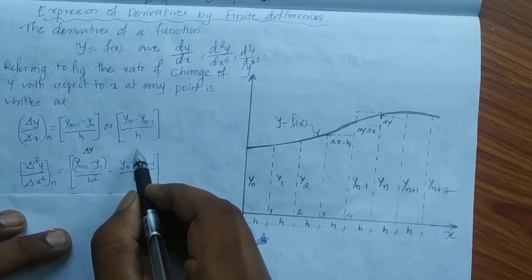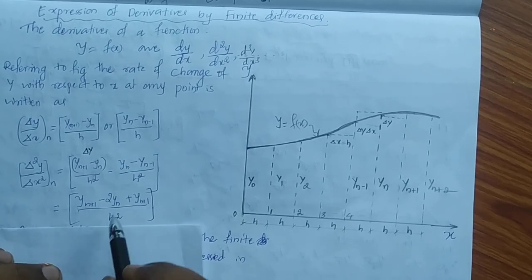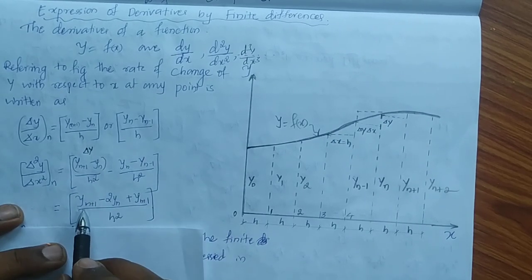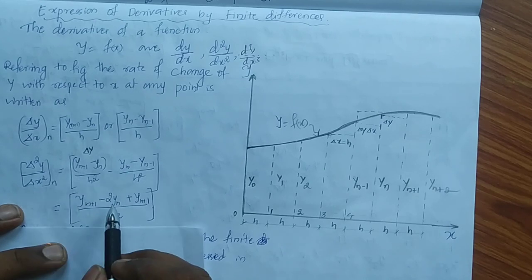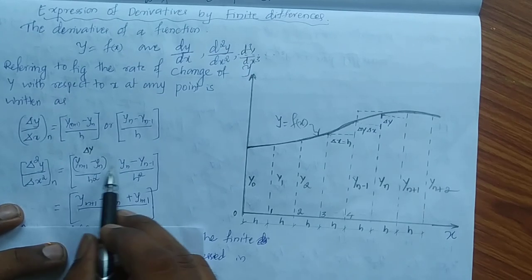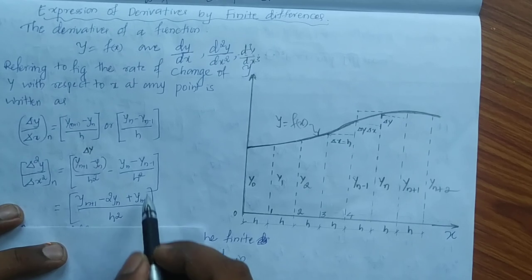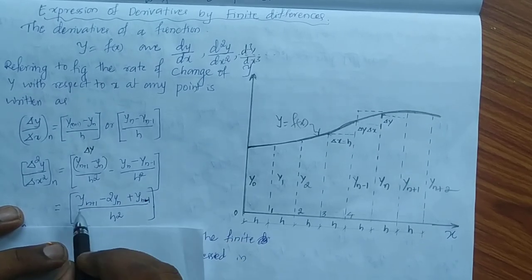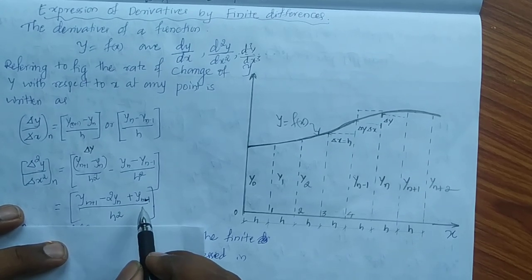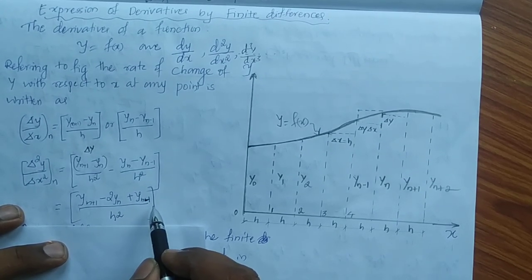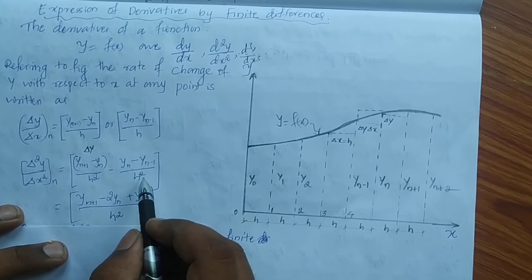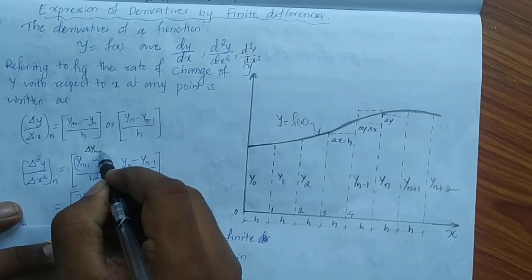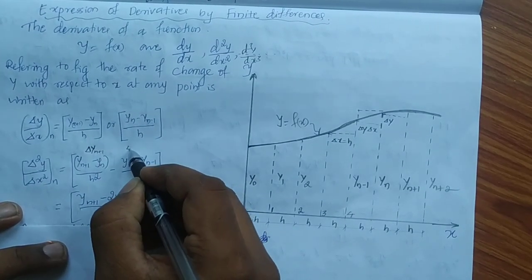If you simplify it, it will come as y n plus 1 minus 2 y n plus y n minus 1, divided by h square, taking h square as the LCM.